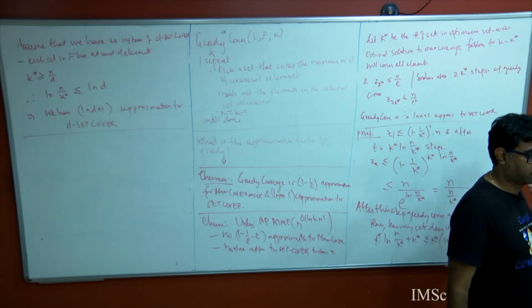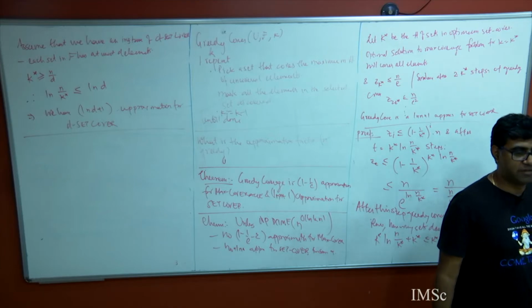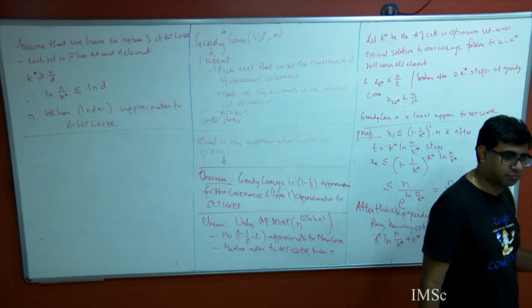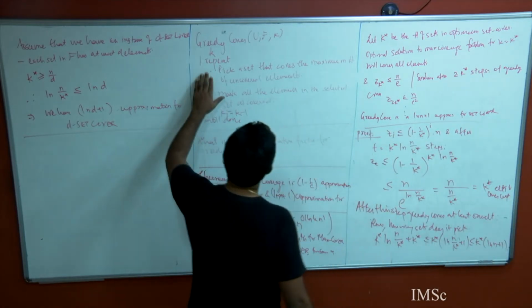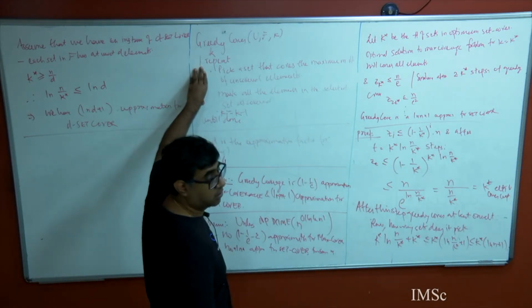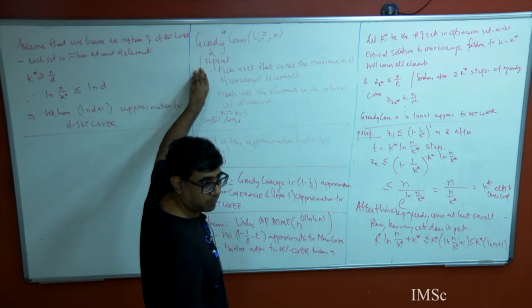It's not obvious for us that if these elements are coming in a stream, and suppose it's an insert-only stream, and I wanted to cover k elements with sets that cover the maximum number of elements, that we will be able to do it. Look, what did we do at any point of time? Our greedy algorithm is very simple. At any point of time, it picks a set that covers the maximum number of uncovered elements, right?